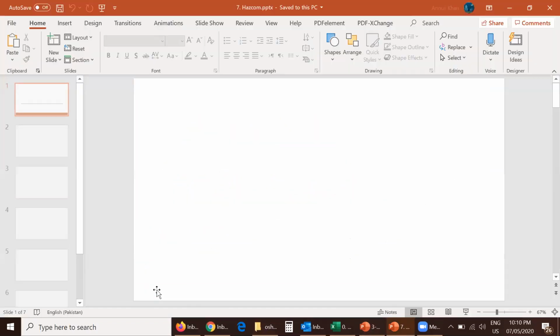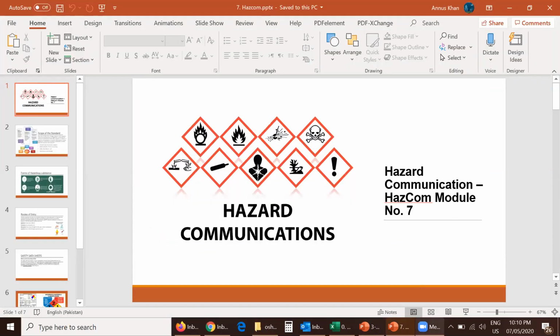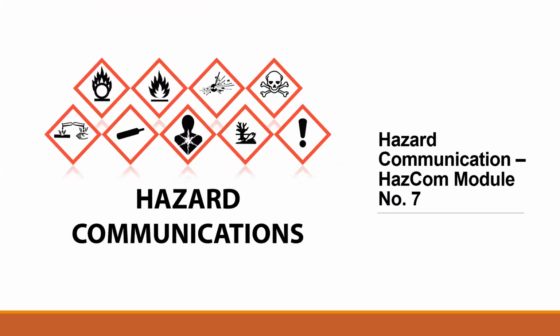Very good. So our next topic is about HAZCOM. HAZCOM, remember the words hazard communication, the communication which becomes hazardous, right? Like we are communicating with each other. If we become aggressive and get angry, our communication will become hazard communication.